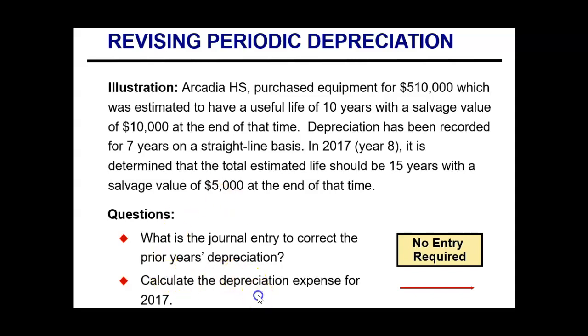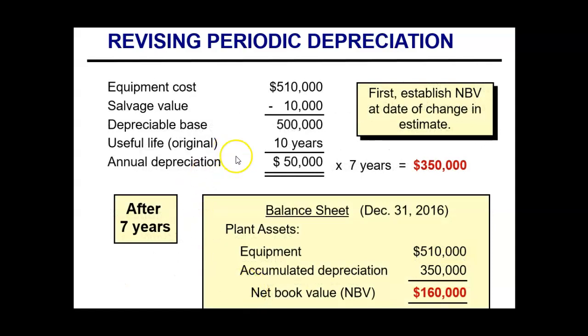So to compute the expense through 2016, again, we look at the estimated cost minus salvage to get our depreciable base, divide that by 10 years. So we've expensed so far $50,000 per year. We've had the asset for 7 years, so we've expensed a total of $350,000.